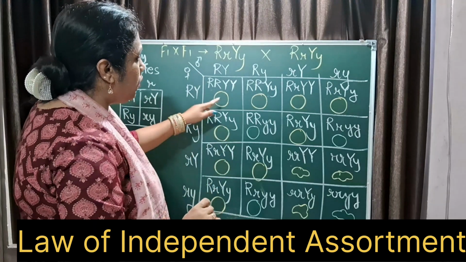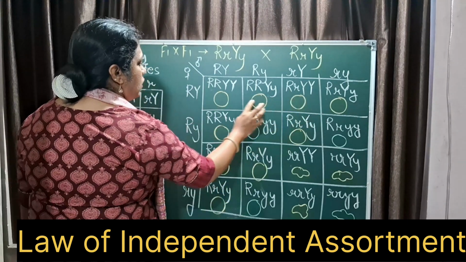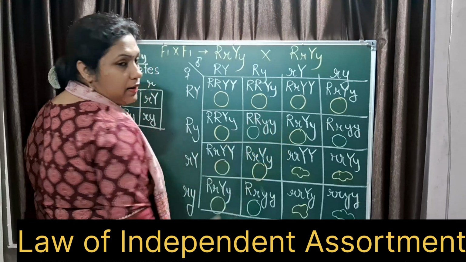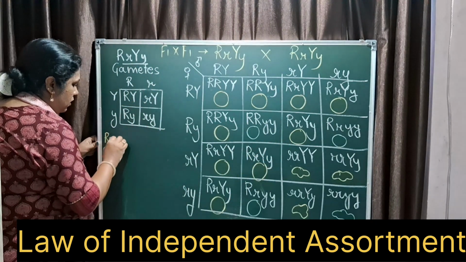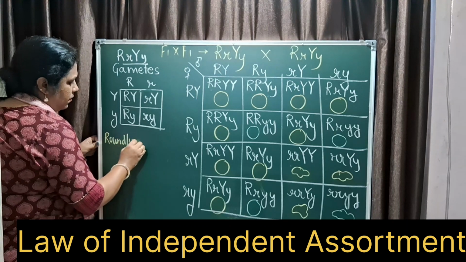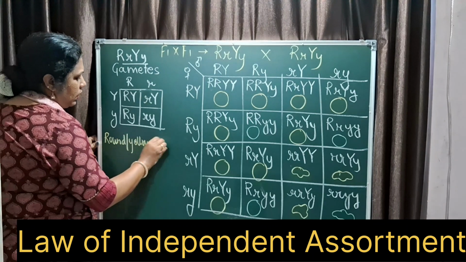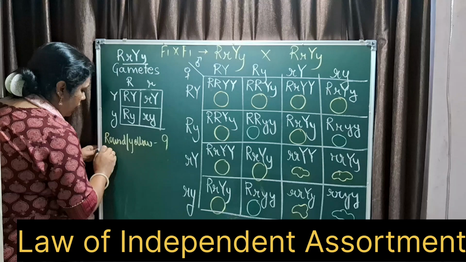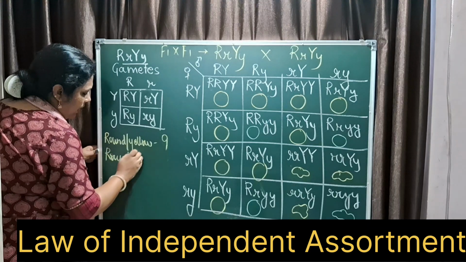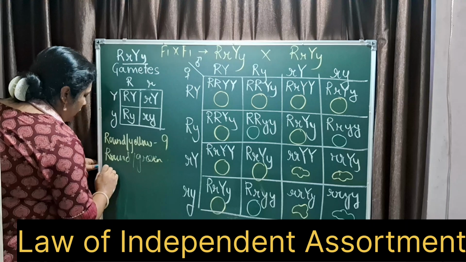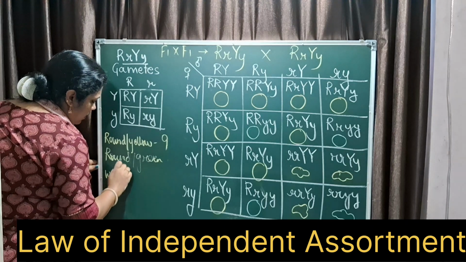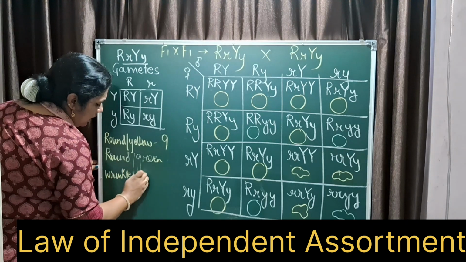How many round and yellow are there? 1, 2, 3, 4, 5, 6, 7, 8, 9. Okay. So how many round and yellow? You have 9. How many round and green? How many wrinkled and yellow?